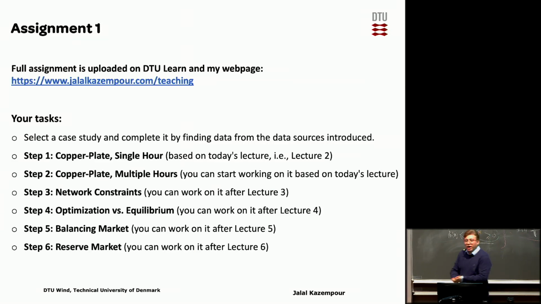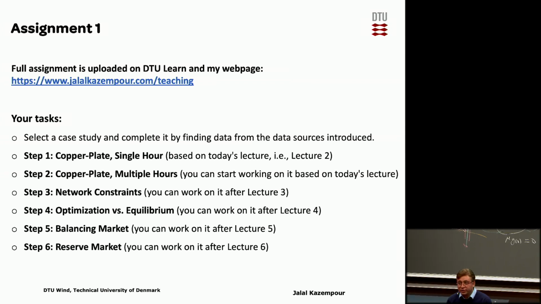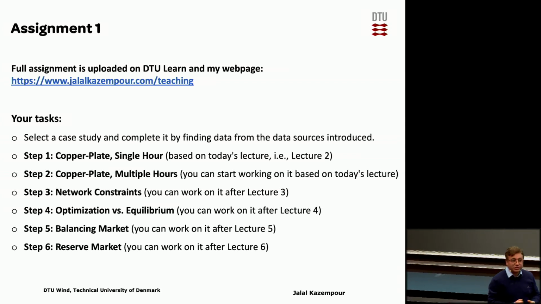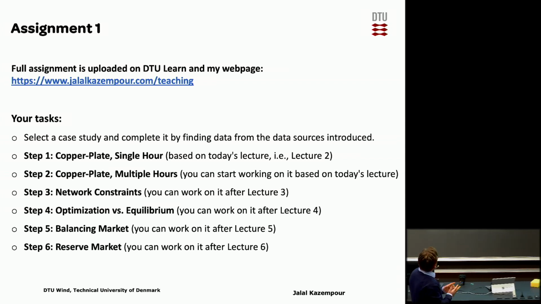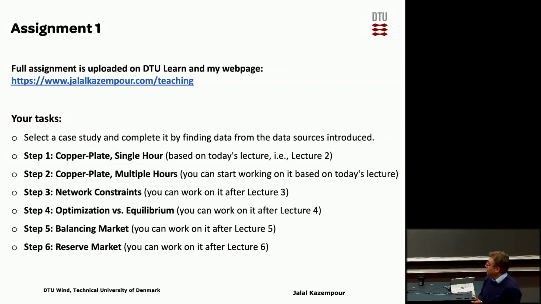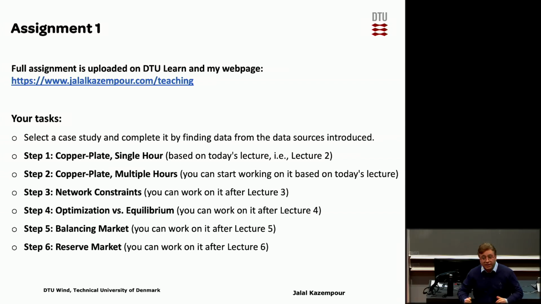So assignment 1, you have it on DTU Alert. Today, if you formed your group, and hopefully you did, you can start working. There are 6 steps. You can already start building your case study and working on step 1. Even if you are fast, you can start on step 2.